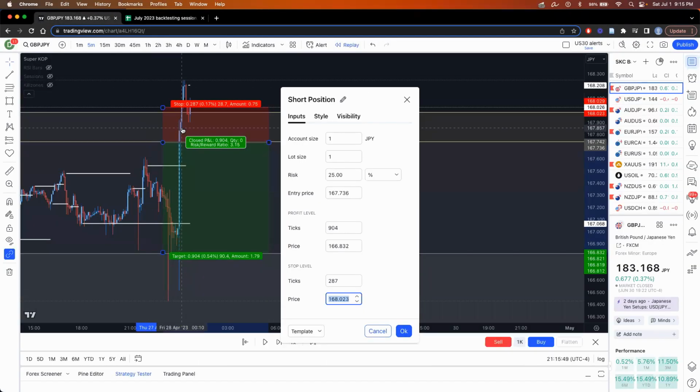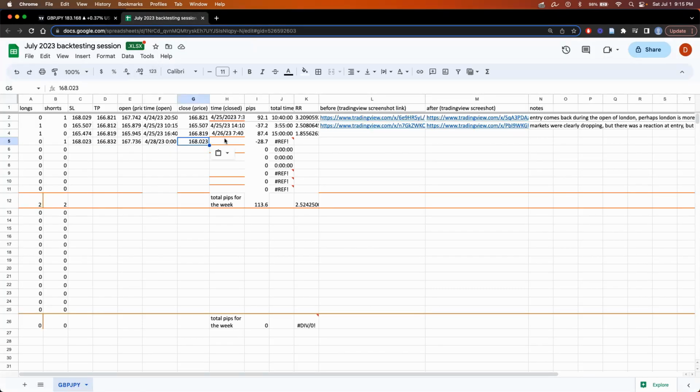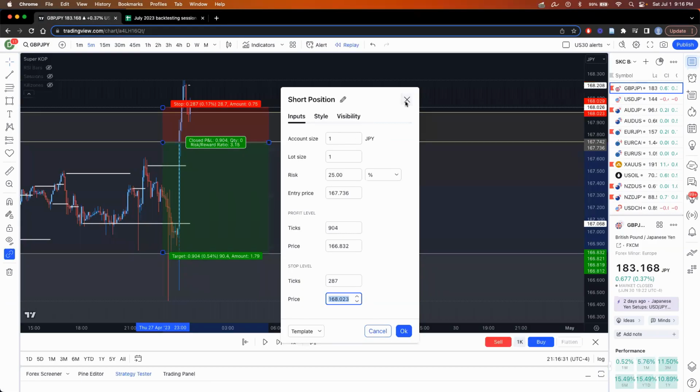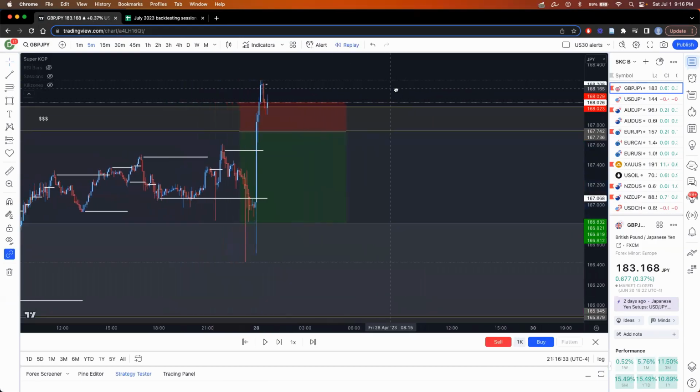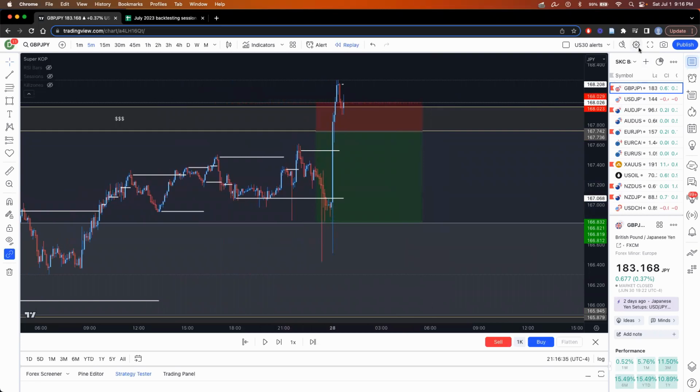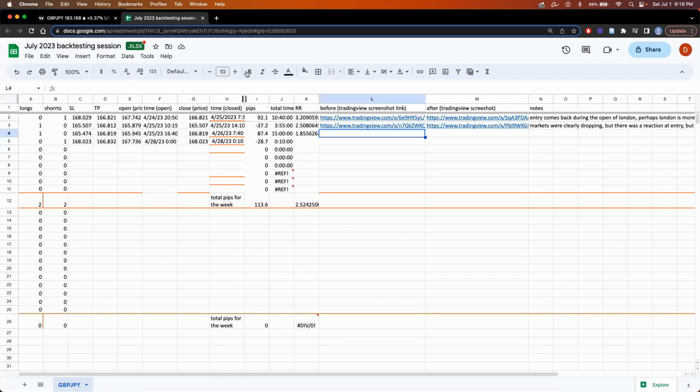And this would have been stopped out pretty immediately, but just 10 minutes later. I forgot to take a picture of this beforehand, but I can just show the after in this case. That's set a pending in that case.